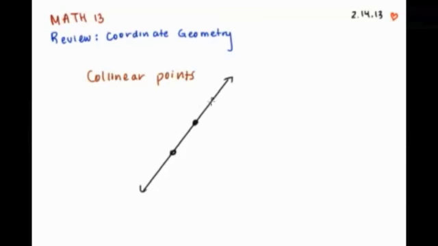Point A, point B, and point C are collinear, but B, C, and D are not collinear because D is not included in this line. It also helps to know that collinear points all share the line, so the line segments created through these collinear points all have the same slope.